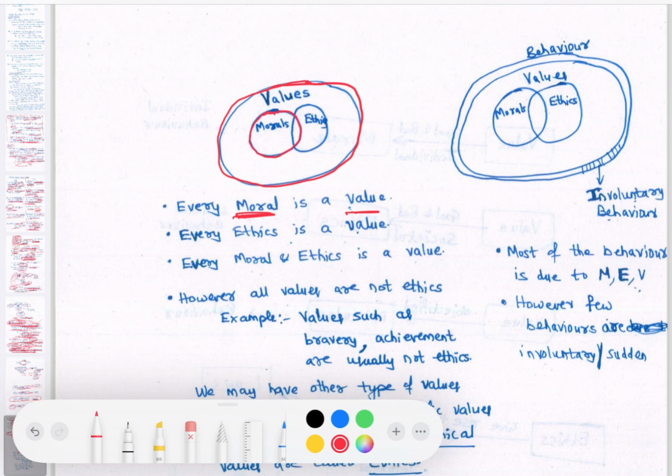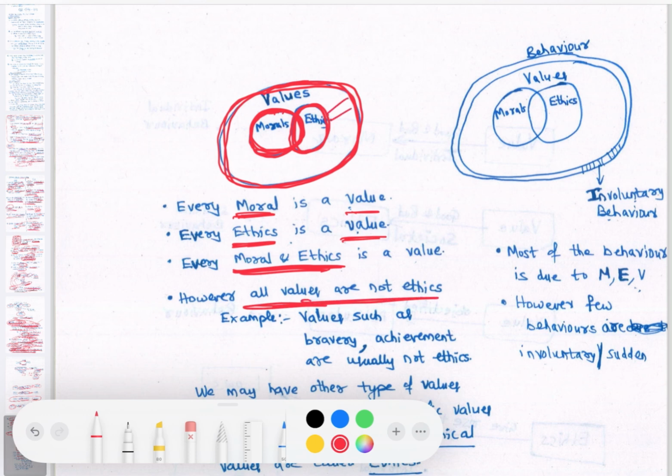Morals are part of values, and every ethics is a value. Ethics is also part of value. Moral and ethics are a part of values. However, all values are not ethics. See, these are values which are not ethics.